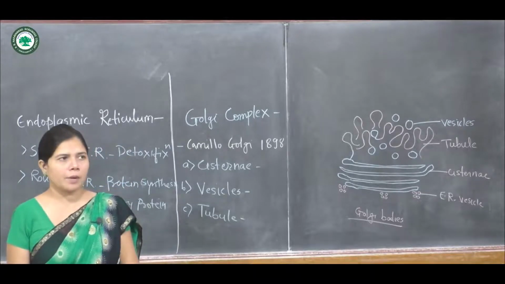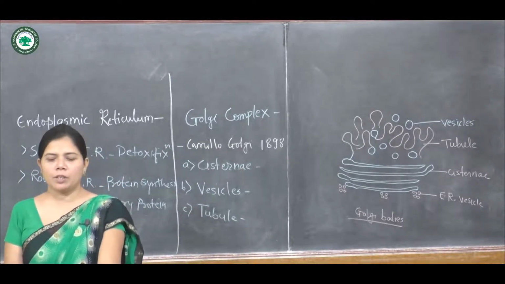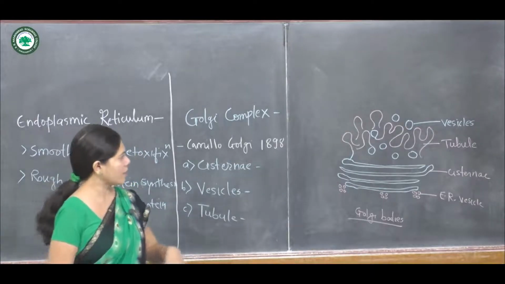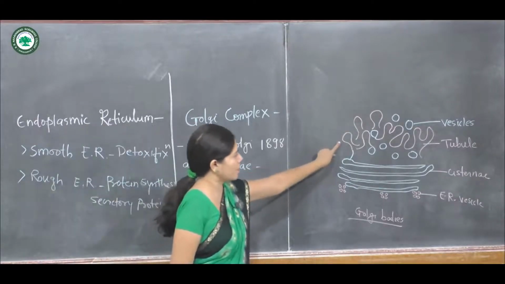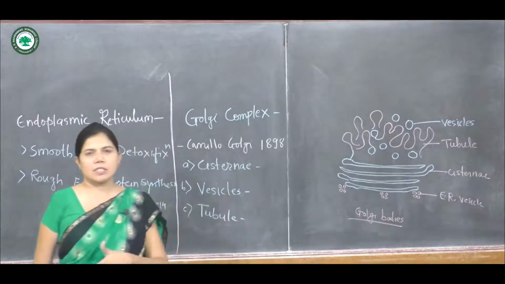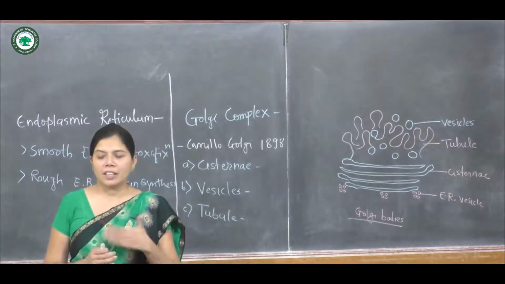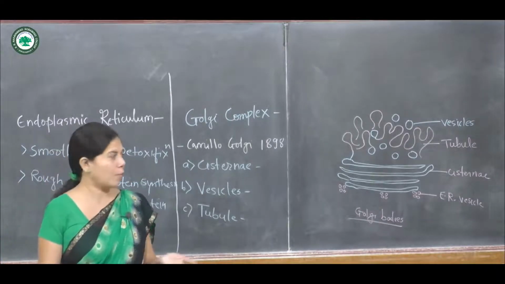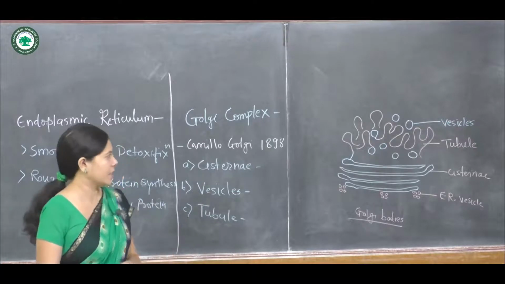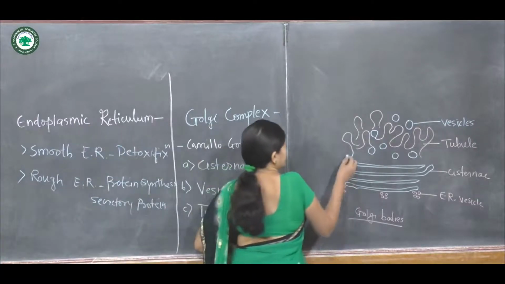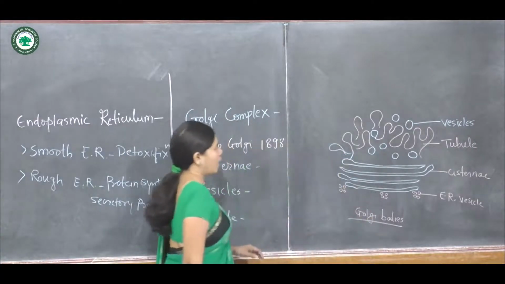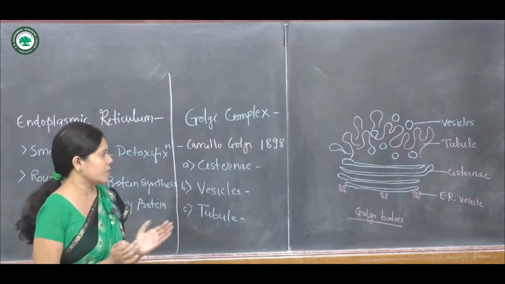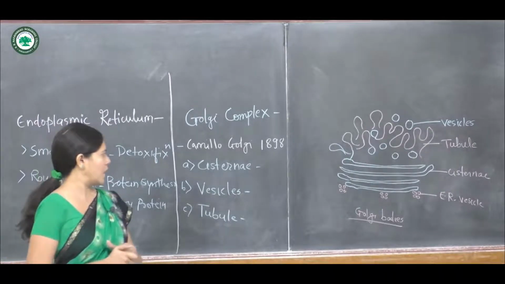The second component of the Golgi complex is the tubules. These are short branched, interconnected filamentous structures which develop on the side of the cisternae.